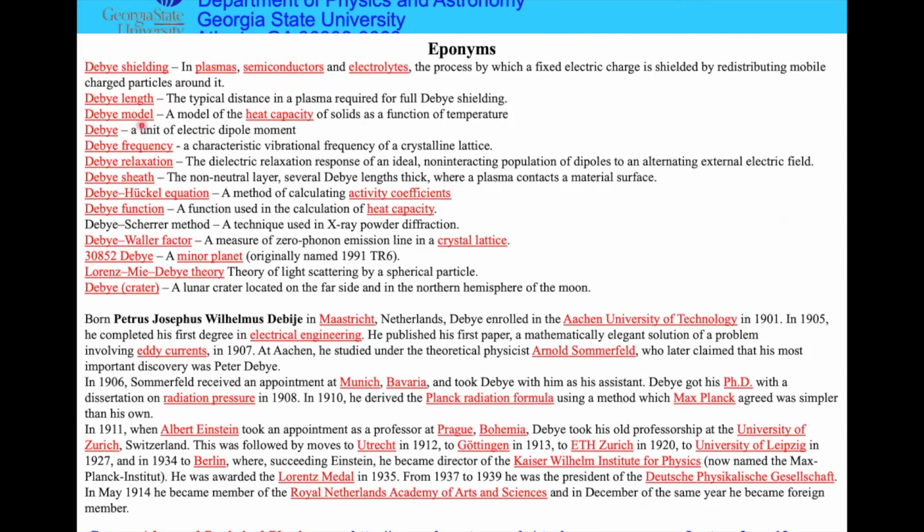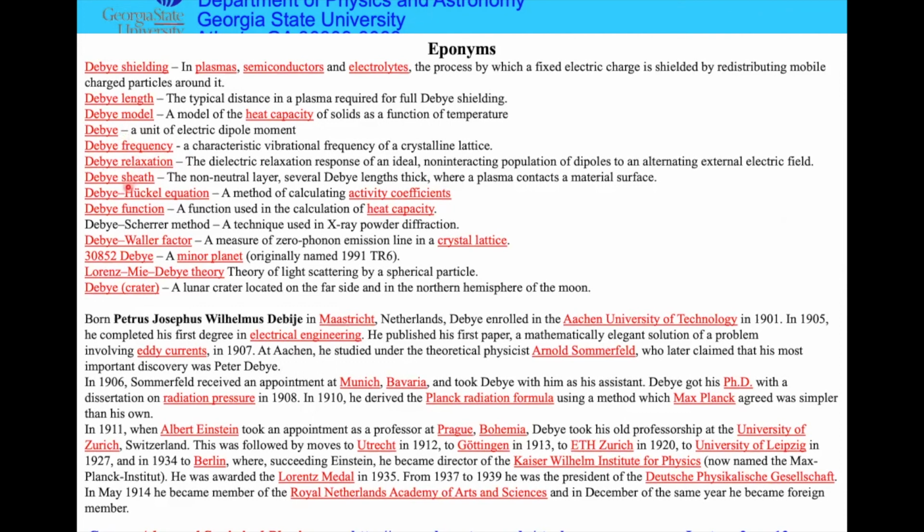Debye model, we just got it. Also, the debye is a unit of electric dipole moment, 10 to the minus 18 in CGS. Debye frequency, we just got it. Debye relaxation, gamma, as those in the plasmonics class know, is the relaxation of plasmons.